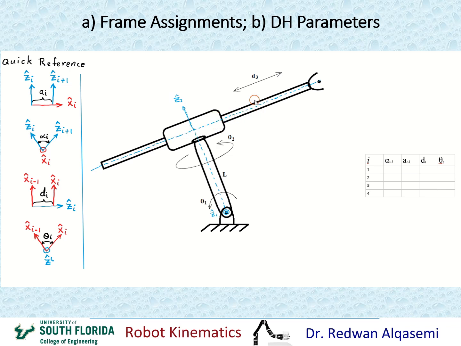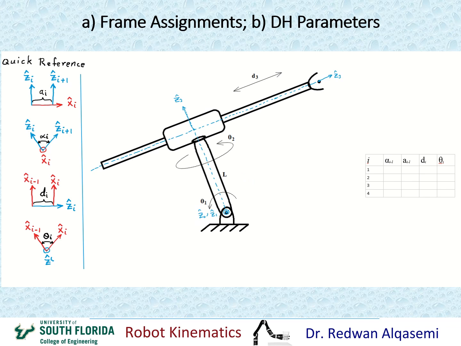It's going right and left here, so this is my axis of motion. Since it's required that I put my third frame at the end effector, I'm going to draw my z-axis here, and that would be my Z3. And for Z0, I'm going to just put Z0 identical to Z1, so I'm just going to put it right here with Z1.